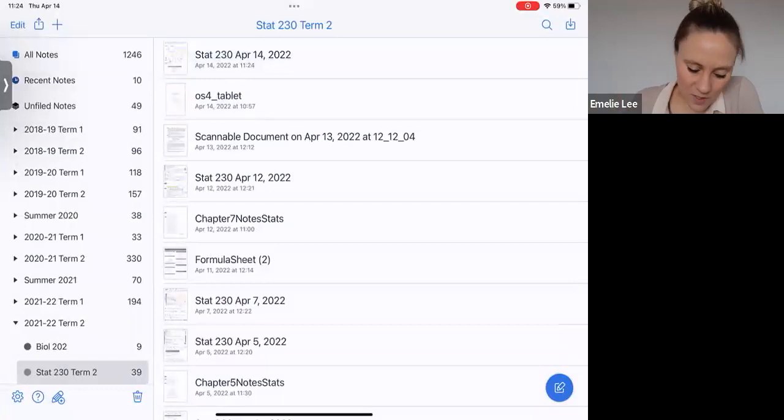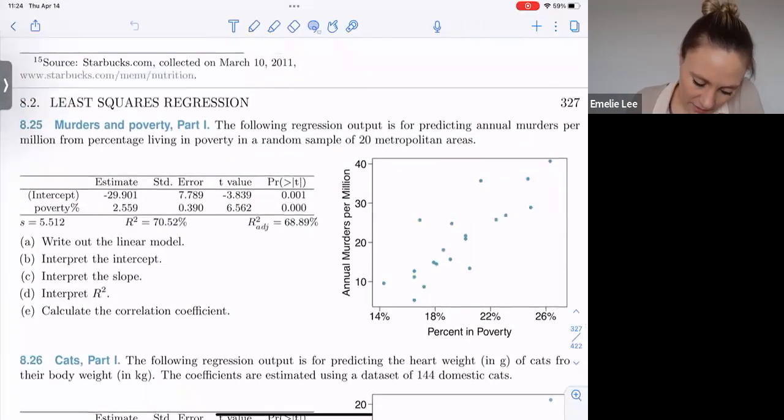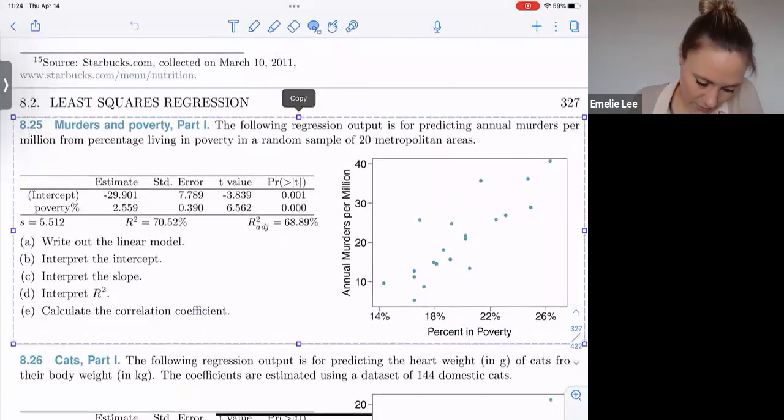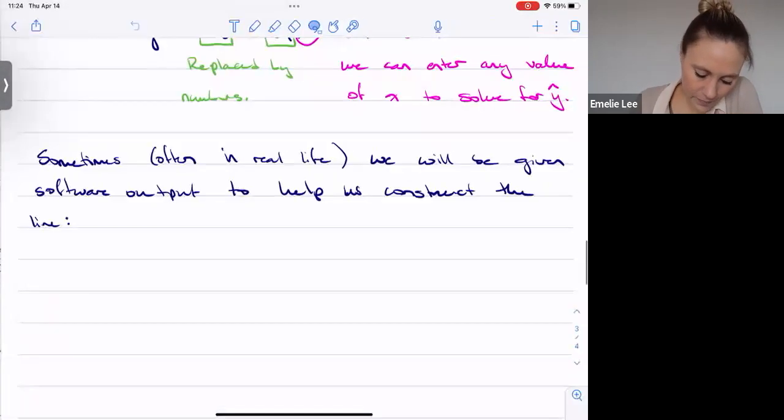Because with so little time spent on this in class, I don't want to set you guys up for using the wrong values, for example.